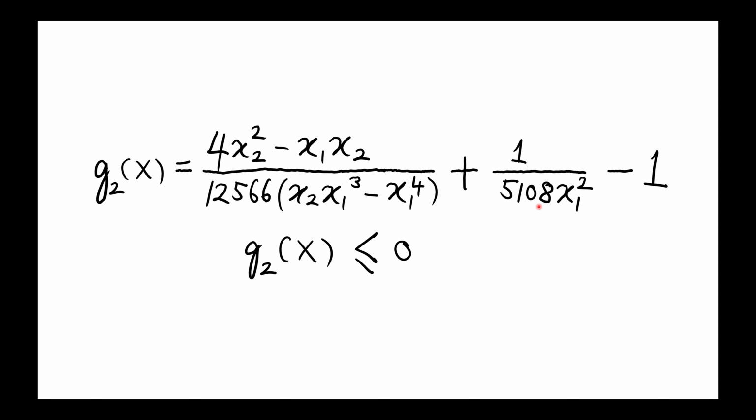The second design constraint is G2(x), which can be calculated using these equations.